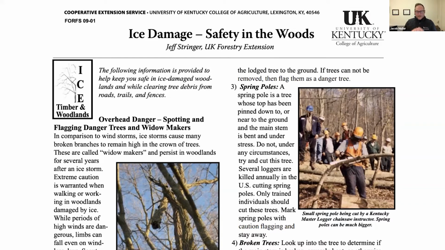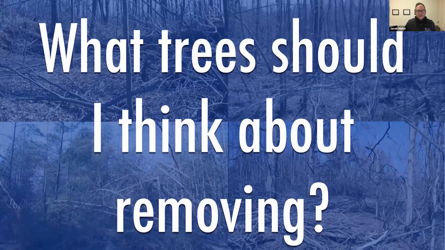If we're looking right in the middle of that tornado when it was at its most severe, I think it was an EF4 level of tornado, there might not be a whole lot of salvageable material directly in that path, but we are going to see areas along the tornado's path that have been damaged, that some of these resources and this Safety in the Woods resource is particularly helpful when we venture out into our woods.